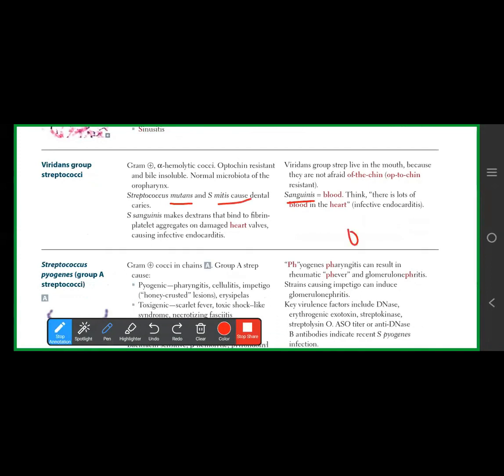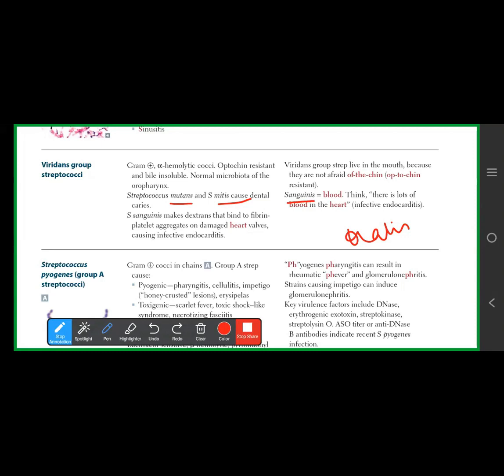Streptococcus viridans is a gram-positive, alpha hemolytic, optochin resistant, bile insoluble bacteria usually seen in the oral cavity. If they ask you the common cause of infective endocarditis with respect to Streptococcus viridans, you have to remember it is sanguinis. So sanguinis is the option you have to choose here.